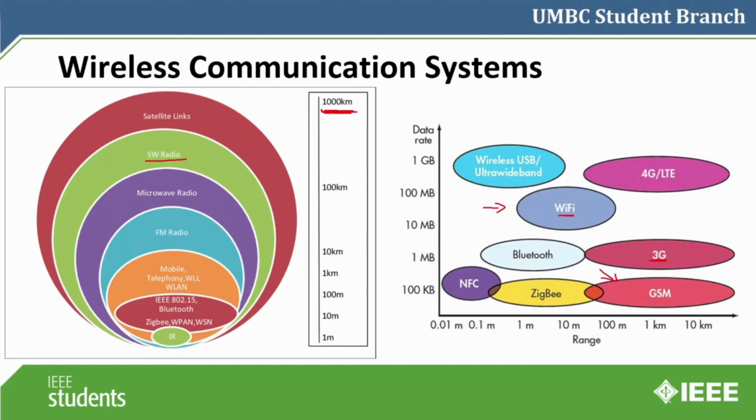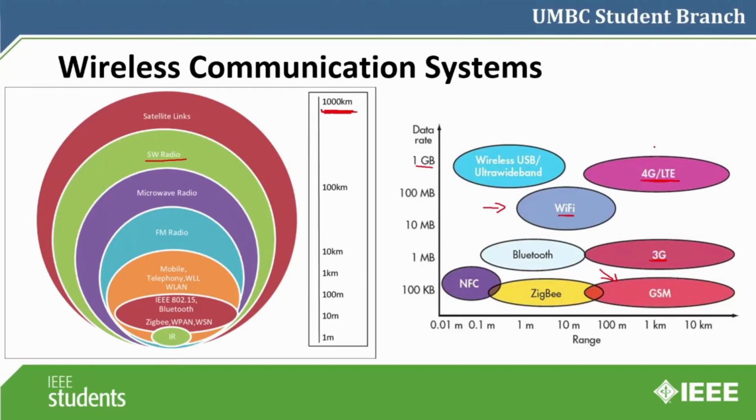And 4G is up here with a much higher data rate and an equivalent range to 3G. And part of the reason we're doing that is because we have made more advanced compression techniques and we've made more advanced modulation schemes that allow us to pack more data into the wave.